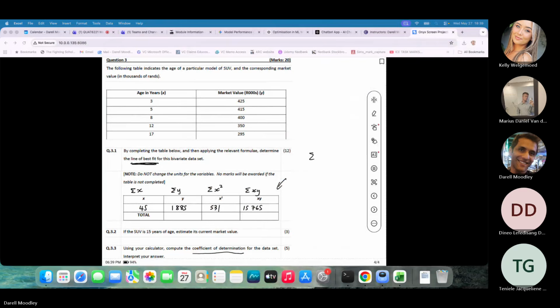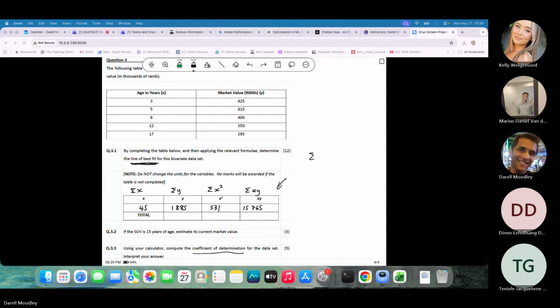So in other words, let me just do the slope for you. For your slope, here, if you wanted the slope of the line, which is b1, that is given by n sum xy minus sum x times sum y, all over n sum x squared minus sum x all squared.